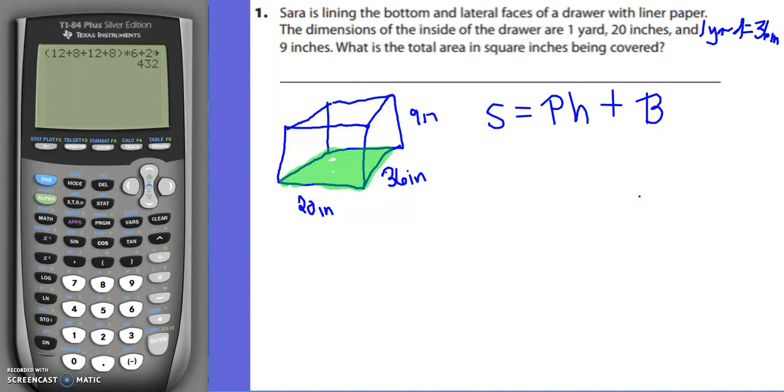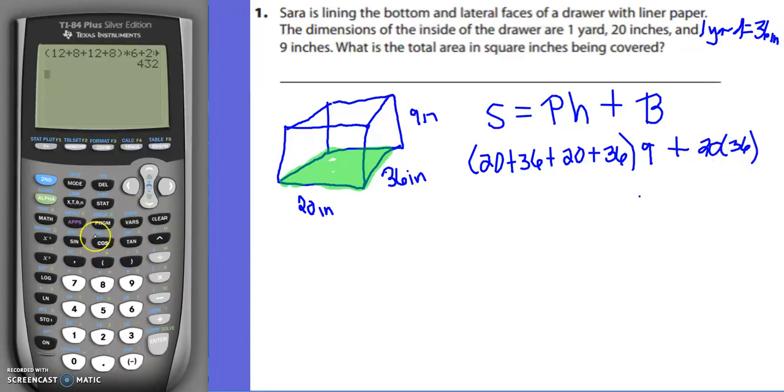All right, so let's do the perimeter first. So we have 20 plus 36 plus 20 plus 36 times 9. And the area of the base is 20 times 36.